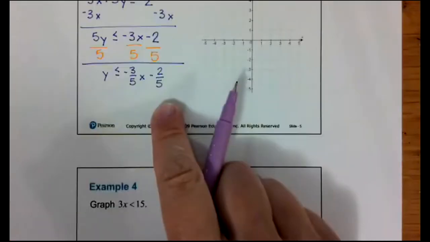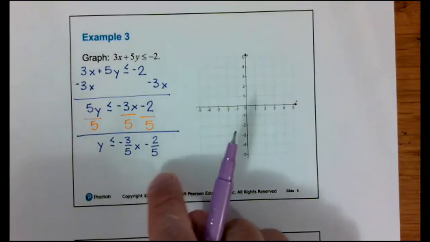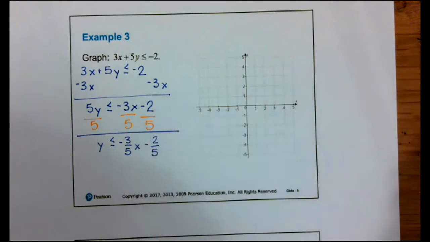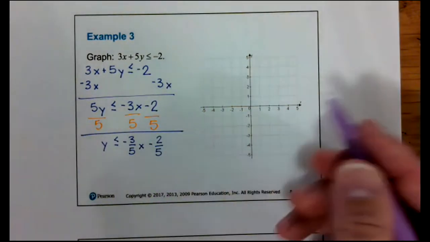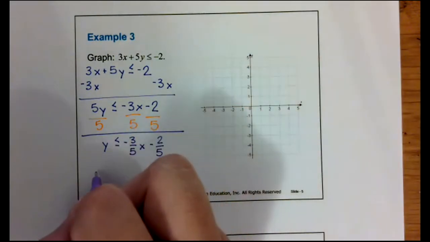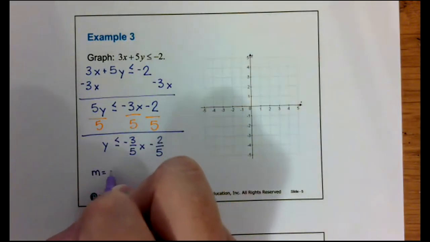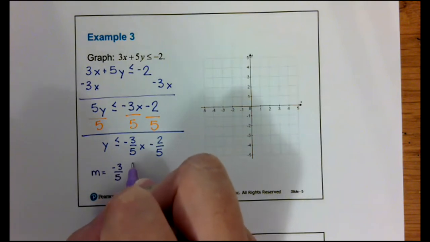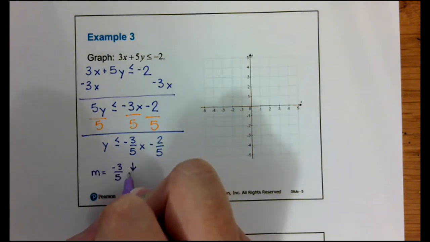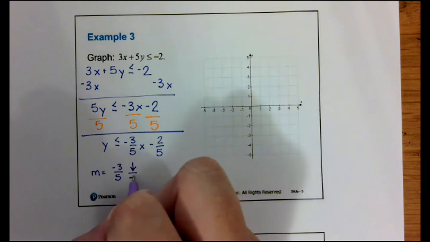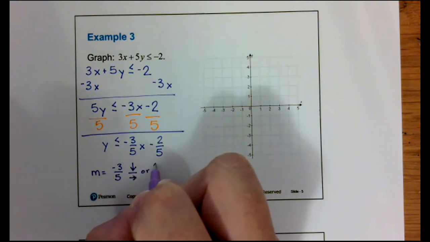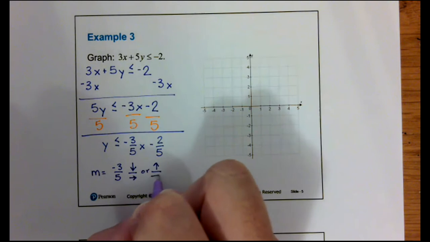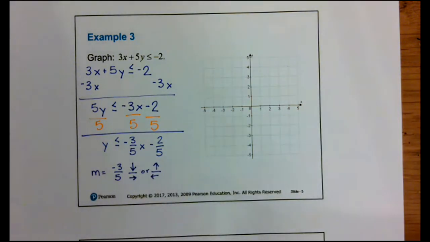In MyMathLab, you won't have any fractions as your y-intercept. Those would be a little bit hard to plot, but we'll just give it a guess for this example. So our slope is -3/5. That means I go down 3 to the right 5, or up 3 to the left 5, right? Rise over run.